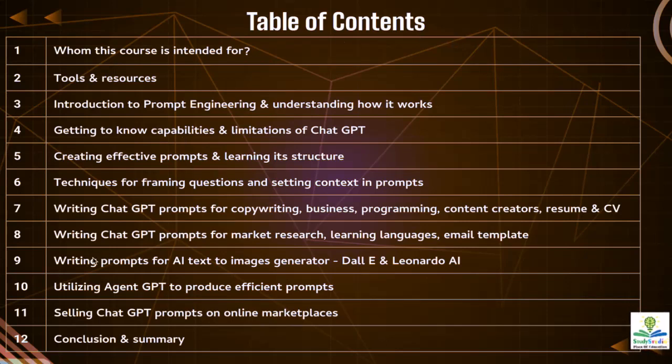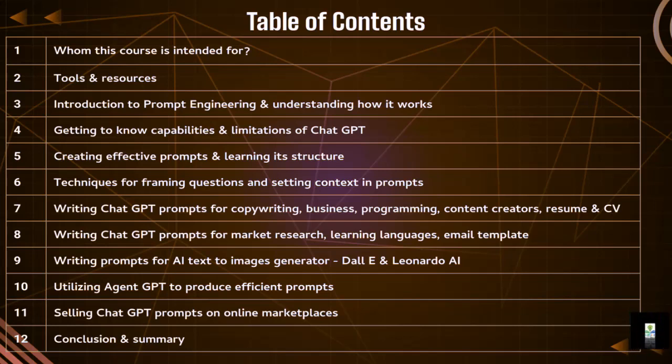So let's move on to chapter 11, selling ChatGPT prompts on online marketplaces. This is actually my most favorite chapter, because here you're going to learn how to potentially monetize your expertise and your skill set in prompt engineering by selling ChatGPT prompts on online marketplaces like Etsy or Gumroad.